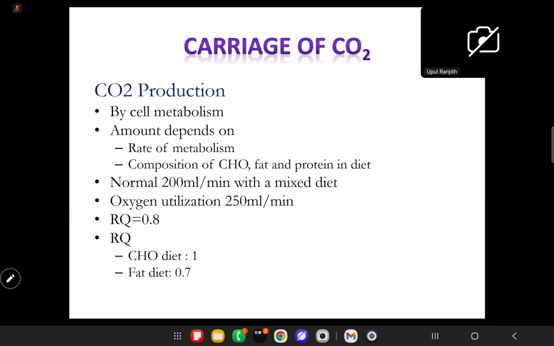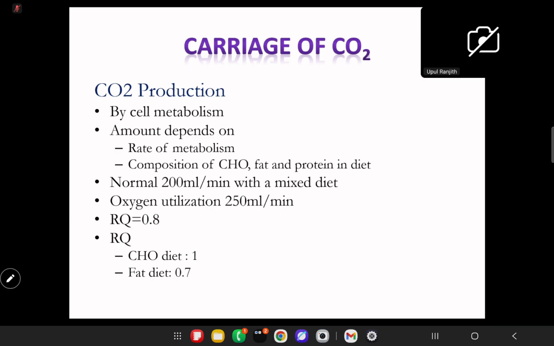Normally, 200 ml of carbon dioxide is produced in 1 minute if your energy is taken from a mixed diet. Oxygen utilized is 250 ml, and the respiratory quotient is 0.8.